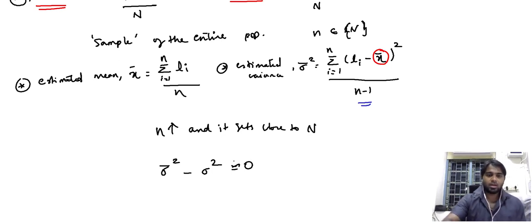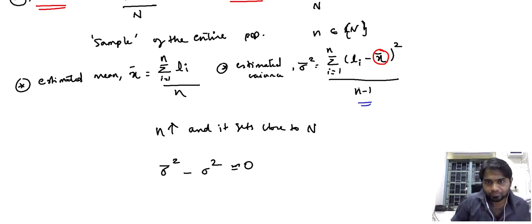Again, as the size of the sample increases and gets close to the entire population, we would expect the estimated variance and the population variance to be equal to one another, or the difference between them to be negligible, and this is achieved by the denominator n minus 1.